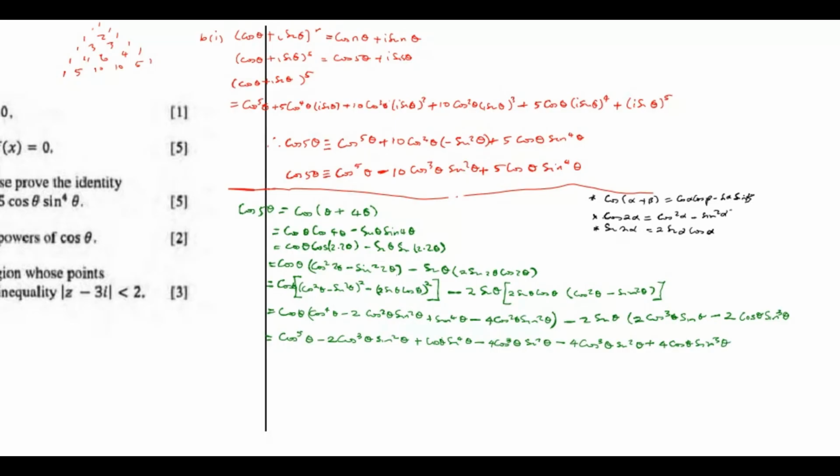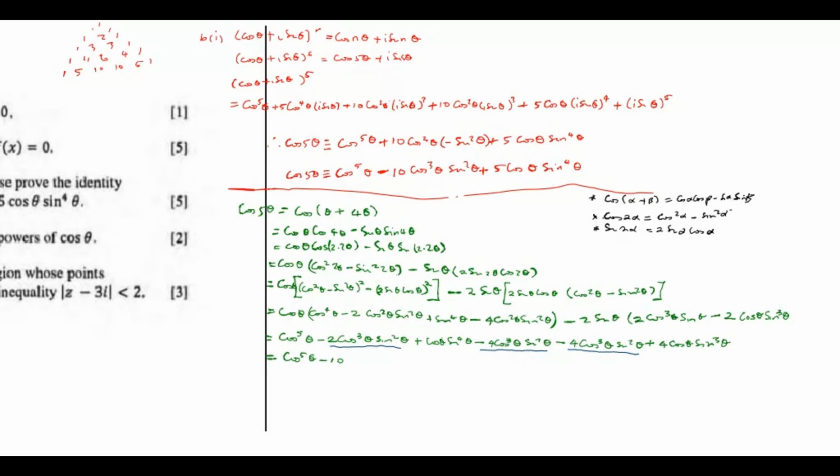Then it's equal to cos to the power 5 theta. Then we go to the ones with cubed. We see we are having minus 2 cos cubed, minus 4 cos cubed sine squared, minus 4 cos cubed sine squared. When we combine them, we are going to get minus 10 cos cubed sine squared theta.